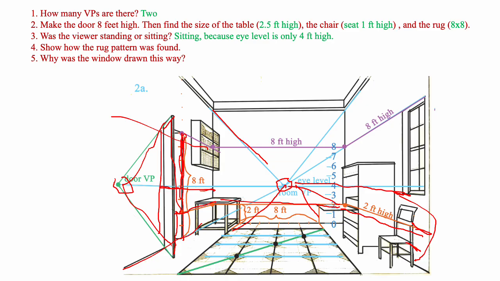The table here measures a little over 2 feet, so that's typical of a table used by an adult. And the rug here is 8 feet long, and we get the design by drawing the converging lines and then the diagonal. And where the diagonal hits these converging lines are the horizontal lines that make up the pattern.